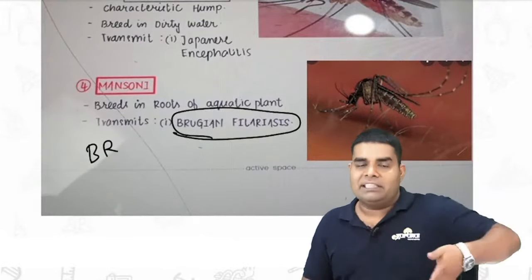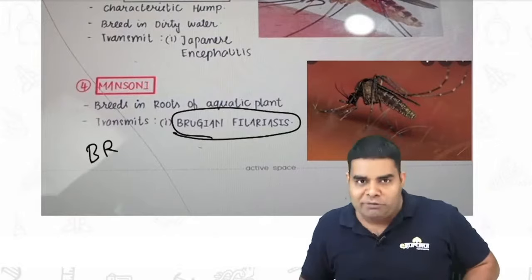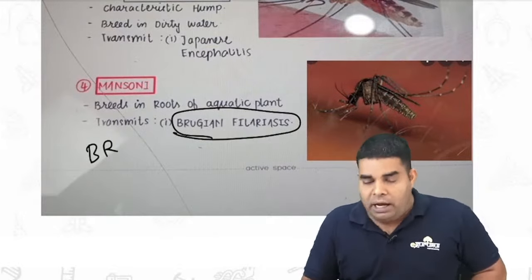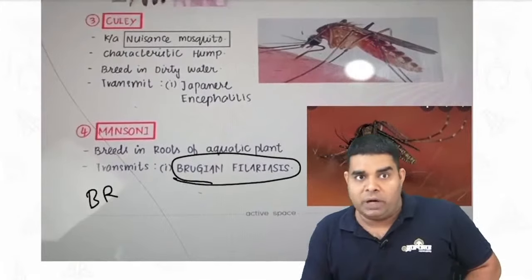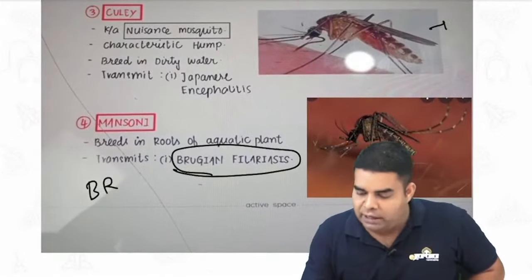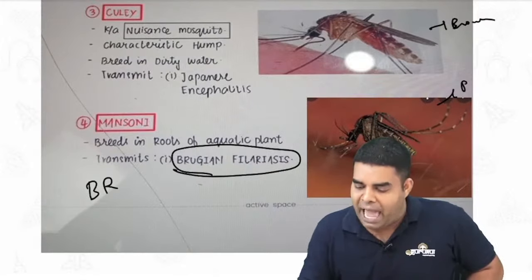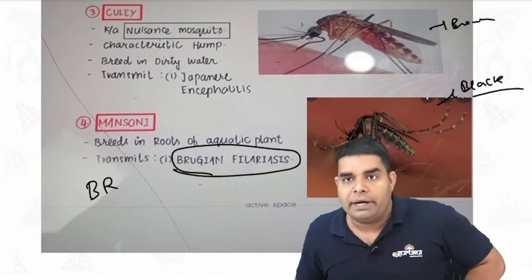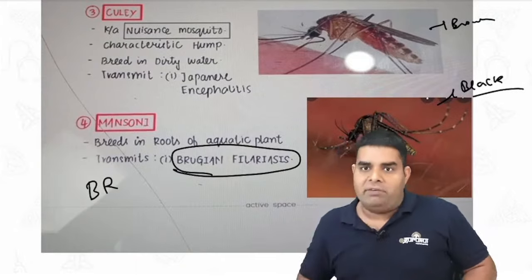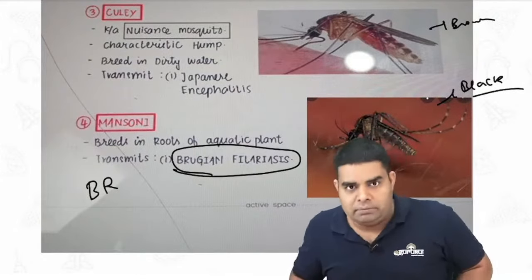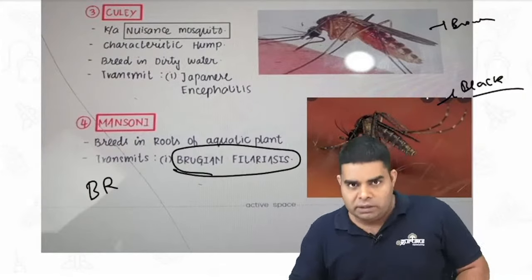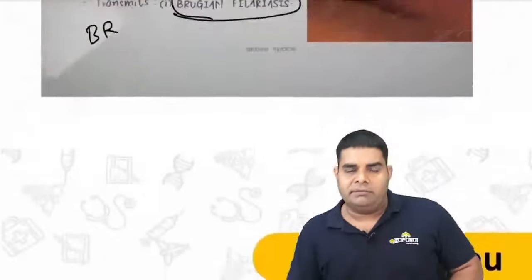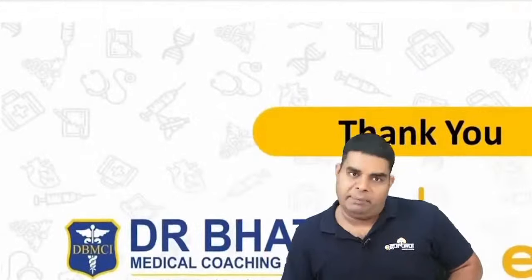Because Brugian filariasis was not in the options, we need not be confused. But you can differentiate between Culex and Mansoni: Culex is brown in color and Mansoni is black in color. They both have a hump and both sit parallel to the surface. They have never asked about Mansoni, but still we should be ready for it. If they give a black color mosquito like that, that can be Mansoni.